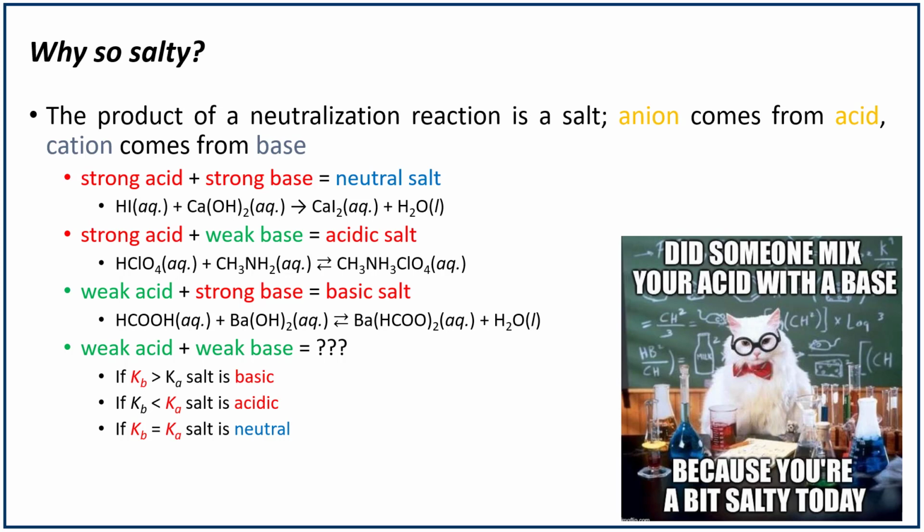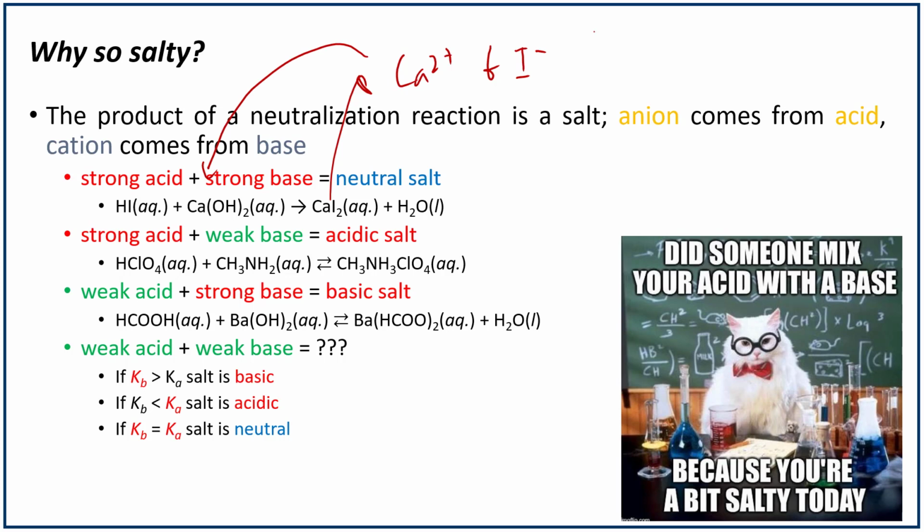Let's say, for example, you have calcium iodide. Calcium iodide is an ionic compound composed of calcium 2+ and iodide ions. Calcium 2+ is the conjugate acid of calcium hydroxide, which is a strong base.